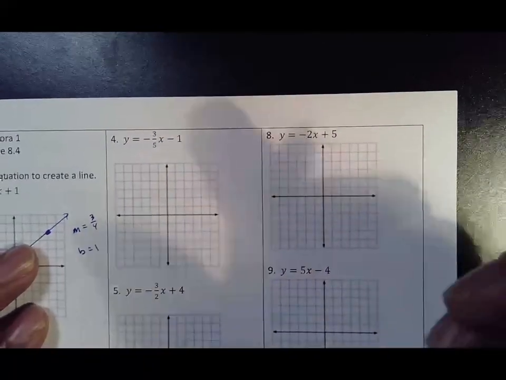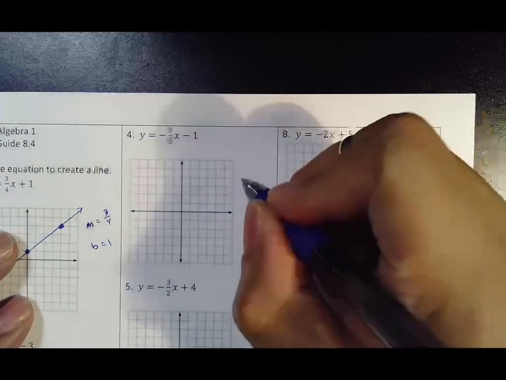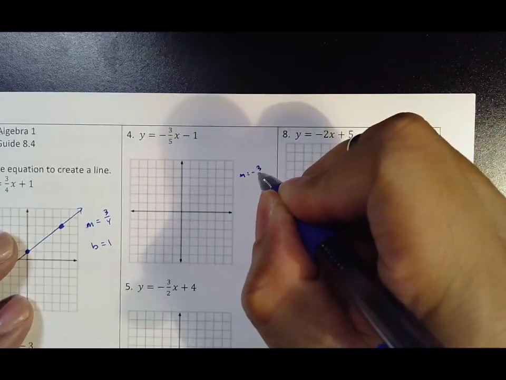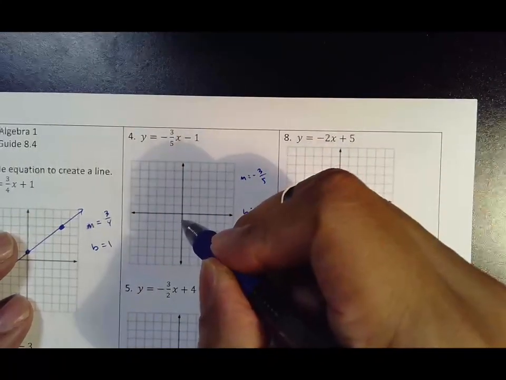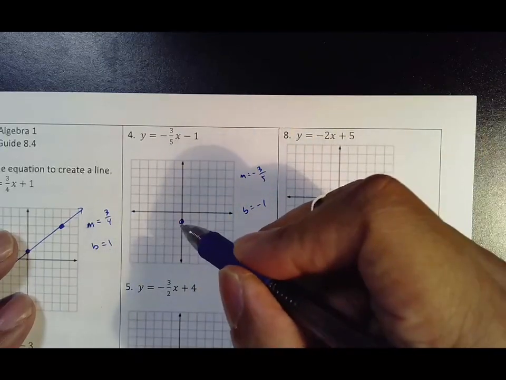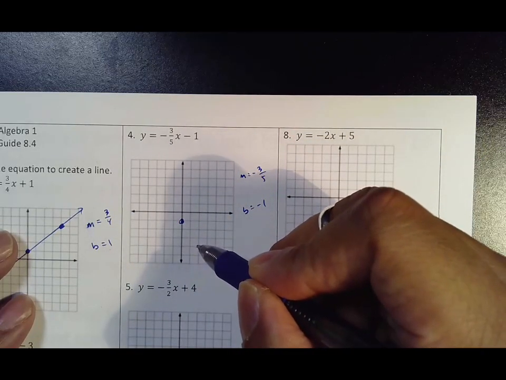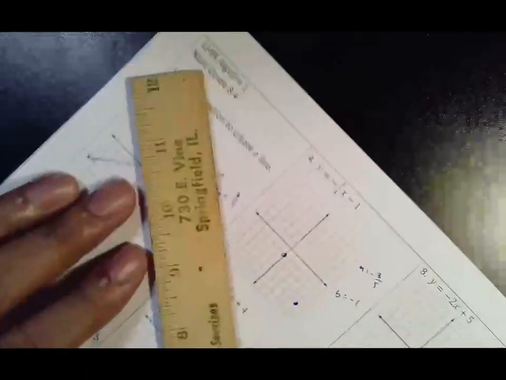Number 4, on this, at least on our note guide as it was, again, with this, our m is -3/5. Our b is -1. So again, the b tells us to go down 1, not up 1, because it's negative. And then -3/5 means go down 3, 1, 2, 3. But you'll still go right 5 to finish everything up.